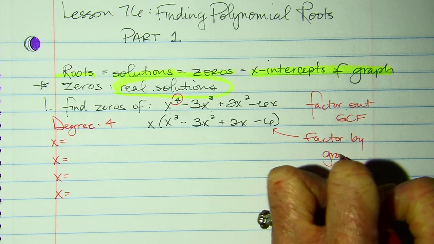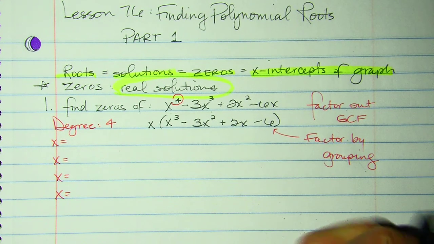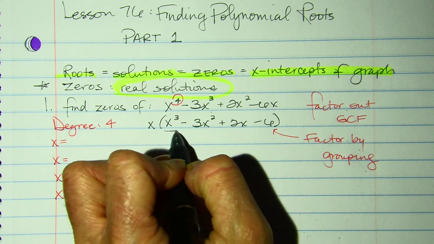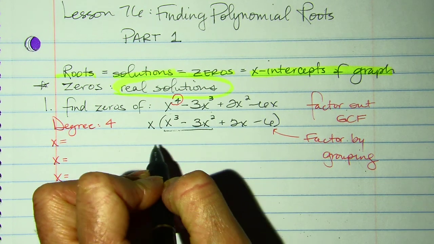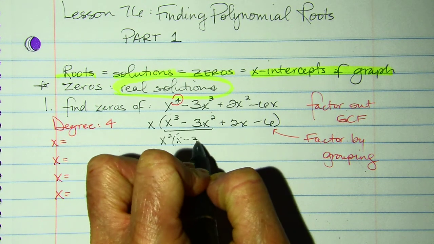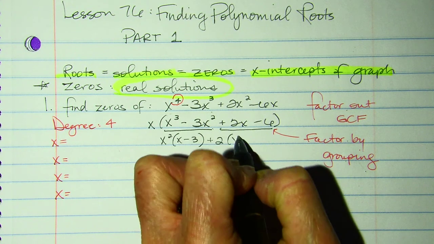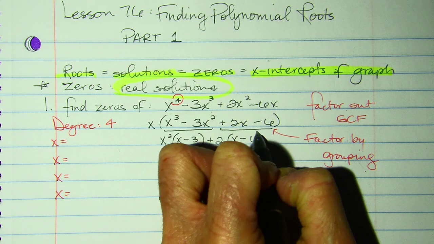It doesn't always work, but looking at it, I see some things in common. I'm going to factor this group first. These two terms have x squared in common, and I'm left with x minus 3. These two terms have 2 in common, and I'm left with x minus 3.